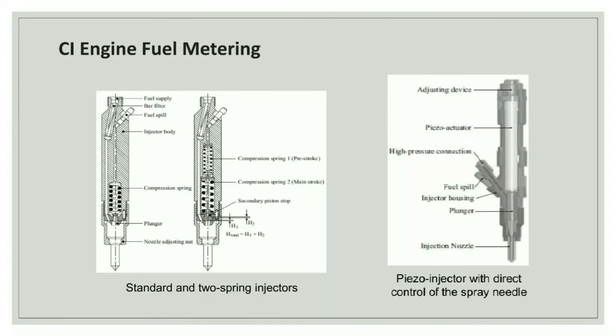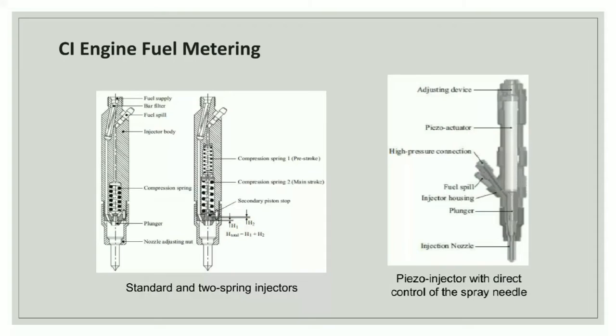There are also two figures. The first one is for standard and two spring injectors, where you can see the fuel supply, bar filter, fuel spill, injector body, compression spring, plunger, nozzle adjusting nut, compression spring 1 for pre-stroke and compression spring 2 for main stroke, secondary piston stop.